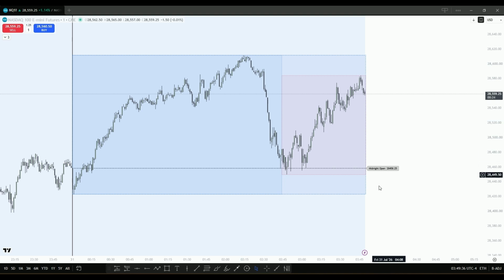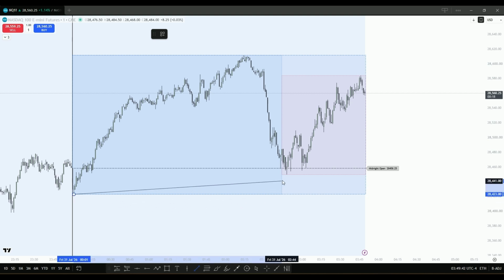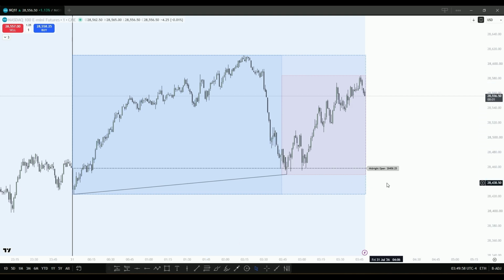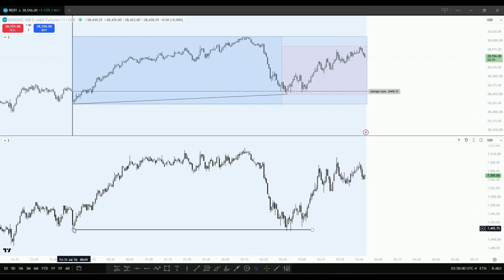So it just so happens that we have an SMT right now, between here, the low of our morning accumulation cycle, and the low here of our manipulation cycle that is currently playing out. So here is ES.